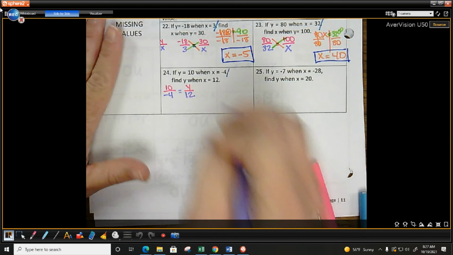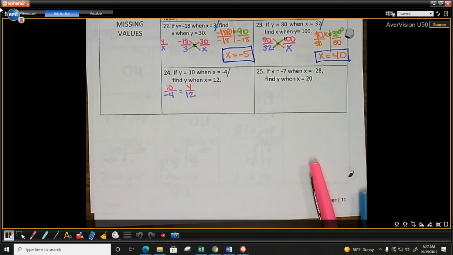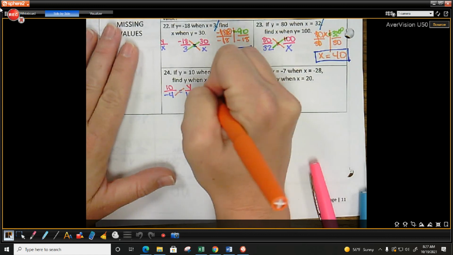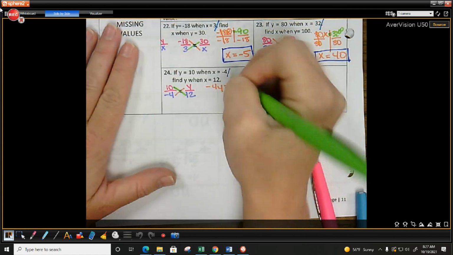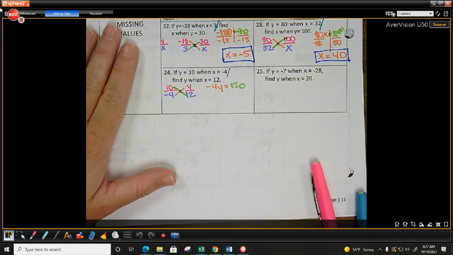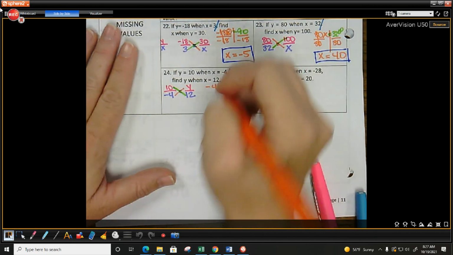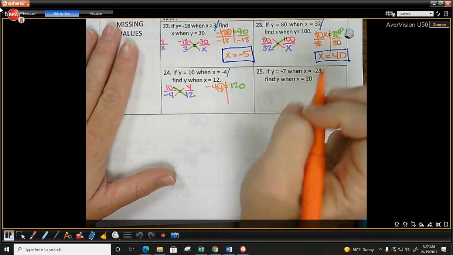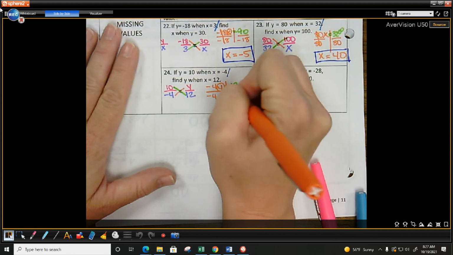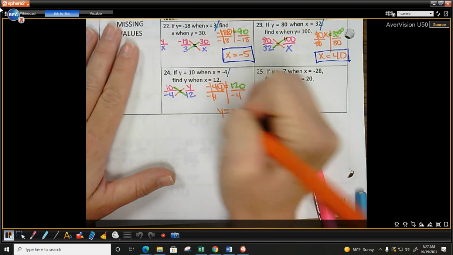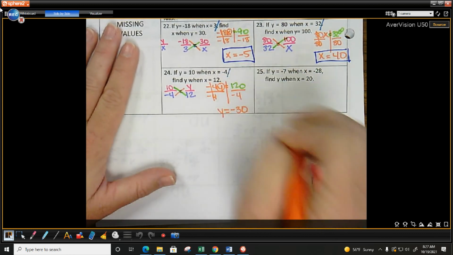This time I know the x value, I don't know the y value. So what should I do? Cross multiply. So I get negative 4y equals 120. I need y by itself. What am I going to do? Divide by what? Negative 4. Very good. And we get y equals negative 30.